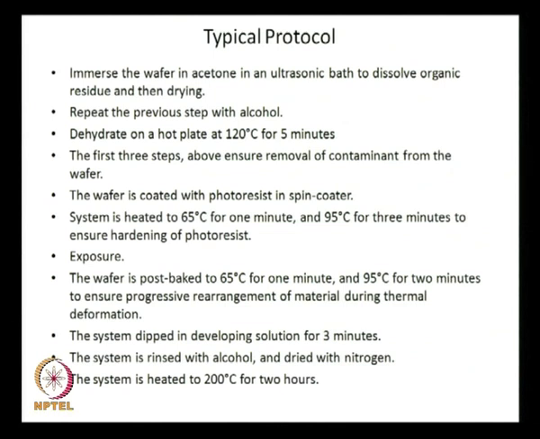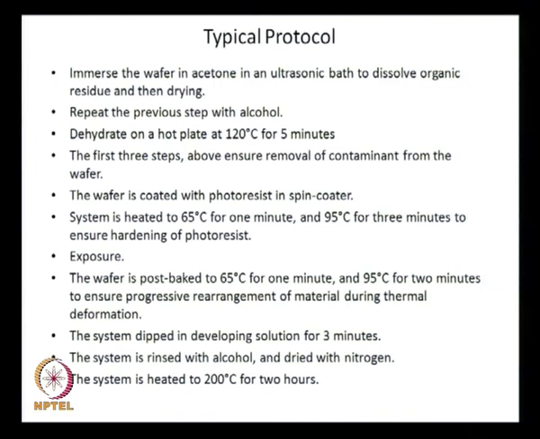So, once you put it at 65 degree centigrade for 1 minute and 95 degree centigrade, you ensure that the hardening is complete. Otherwise there would be some changes going on inside the resist which you do not want. You want that process completed when you go to the next step.